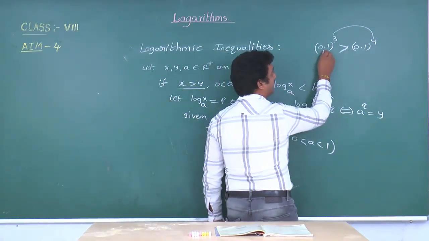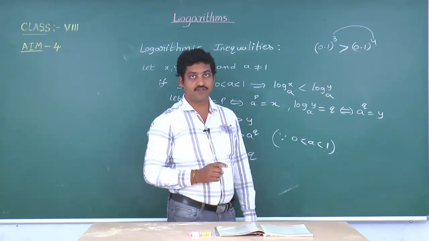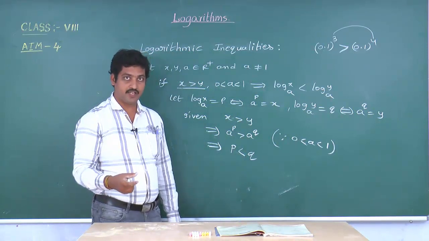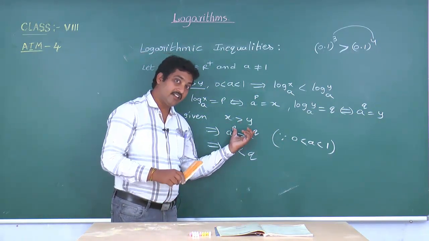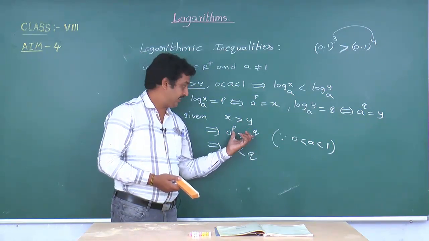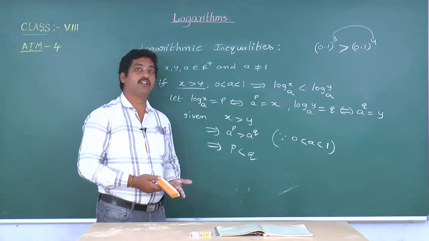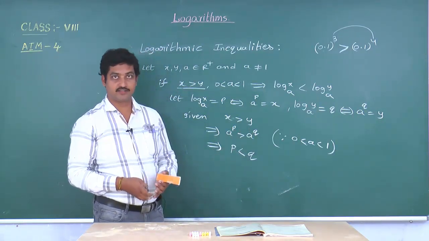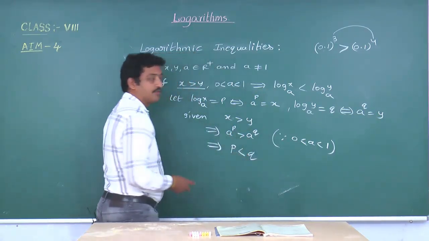Because here the base lies between 0 and 1. Therefore, whenever the base lies between 0 and 1, the inequality between the powers will be changed. Whatever the inequality the exponents have, the opposite inequality will come between the powers of the exponents. Is it clear, children?